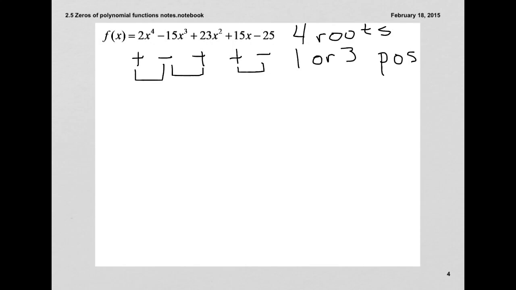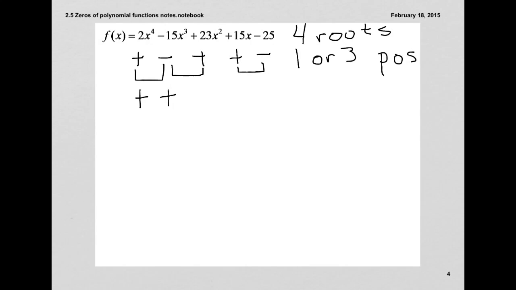Now, I'm going to go through and change all those x's to negative x's and just write down the signs. If I put a negative in for x to the 4th, it's still going to stay positive, so the sign of the first one is going to be positive. If I put a negative x in for x cubed, that's going to make it negative, so a negative 15 is going to be positive.